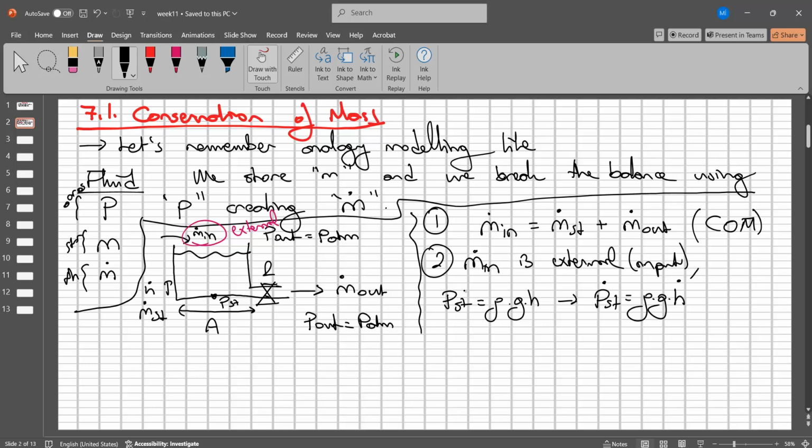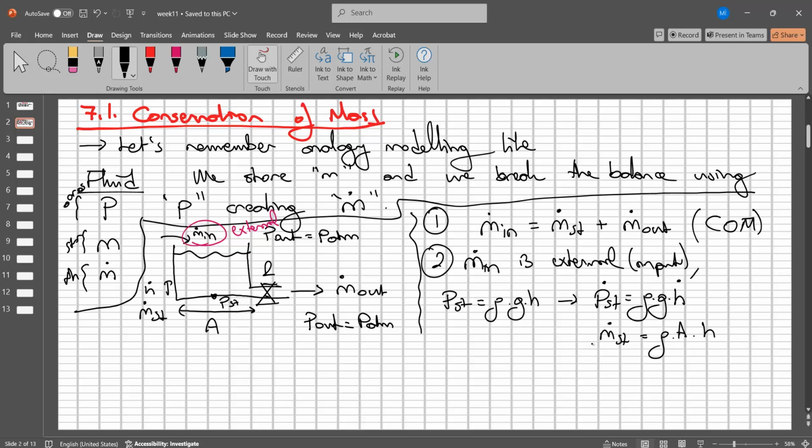So how can we write the MST dot in here? How can we do that? Yes, rho times A times H, right?